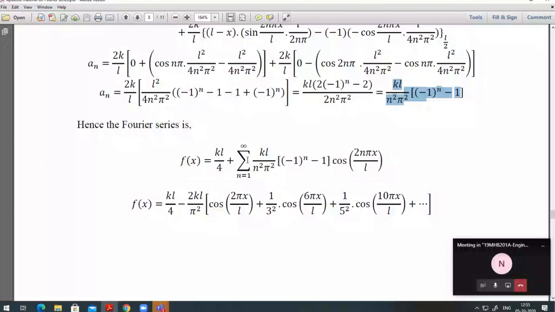What is the use? In the period 2 pi, the cos function becomes cos nx. If it is another period, it should be 2n pi x by L, where L is the period. Instead of T, here we have taken L; both are the same in other words. So in any general period we have discussed the examples.